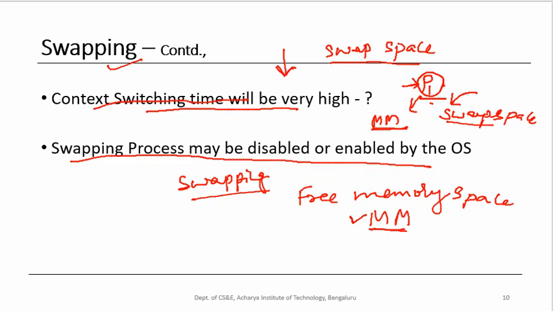You can have a threshold for this, and if the free memory goes below this threshold, then the operating system may enable the swapping and use the swap space. Otherwise, the swapping feature can permanently remain disabled if enough free memory space is going to be there. So this is what happens in the recent operating systems, like newer versions of Linux, etc.